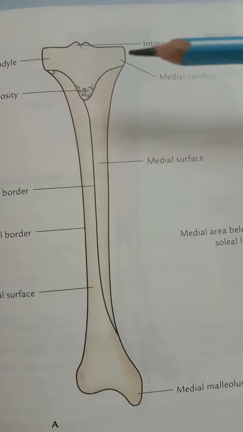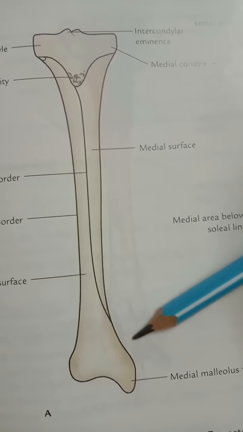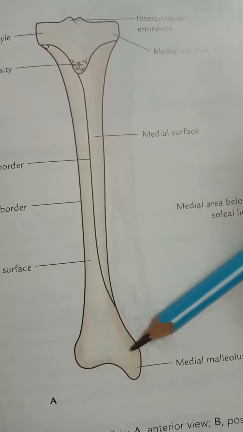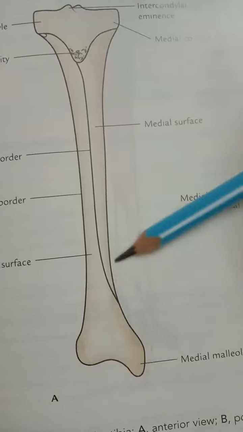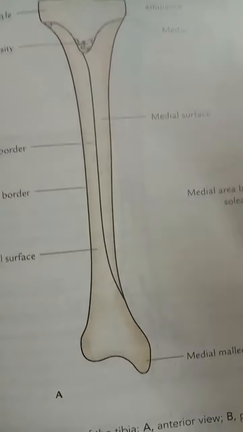Then the secondary center for the lower end appears during the first year and forms the medial malleolus by the 7th year and fuses with the shaft by the 15th to 17th year.